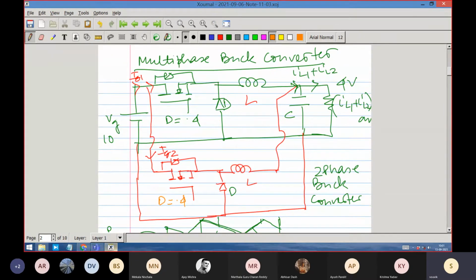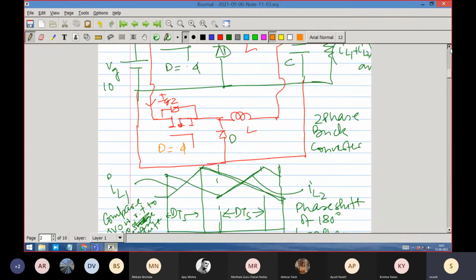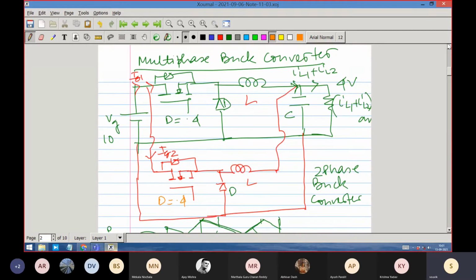By phase shifting I mean that the on-time pulse of this one, let us say converter 1, and this is converter 2, will be phase shifted by 180 degrees, just like a two-phase system. 180 degrees is half the time.